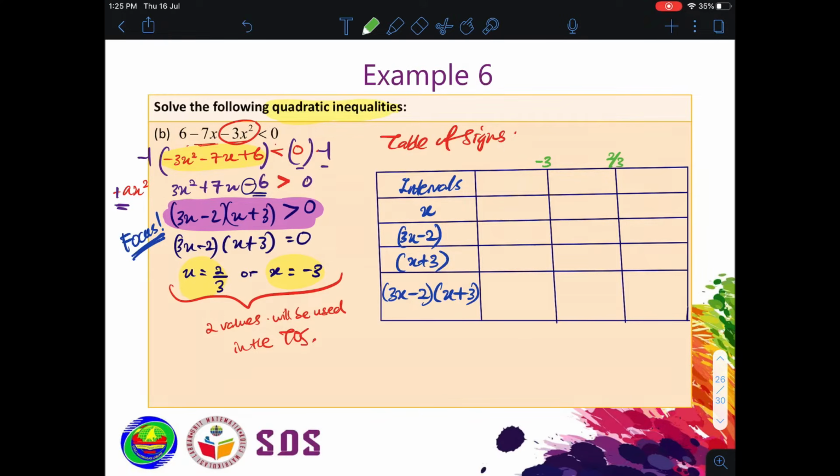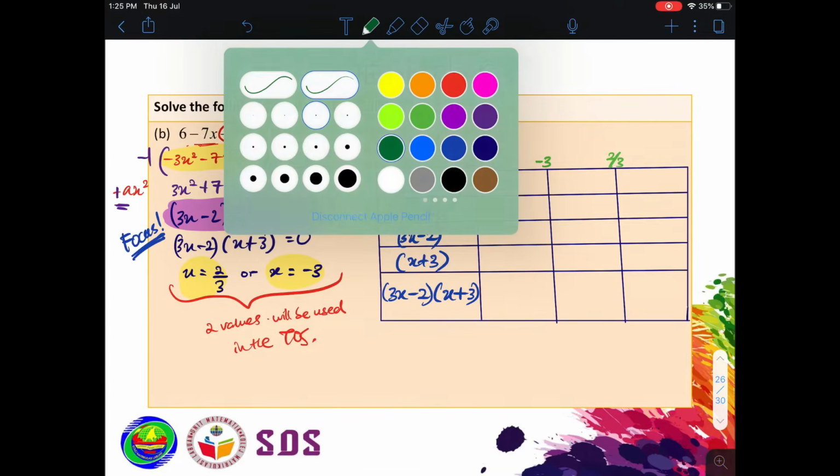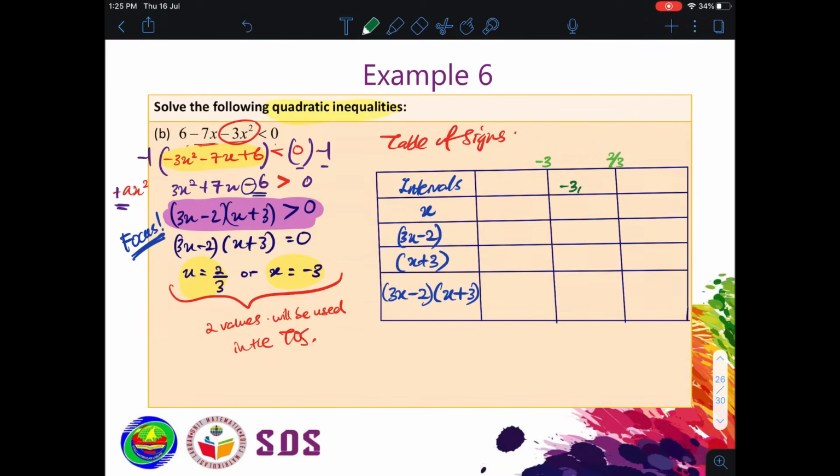Ascending order. And then you're going to put these two values in the middle part first, which is negative 3 and 2 over 3. And 2 over 3 will go until infinity with an open bracket, and negative infinity will come from the left to the negative 3.